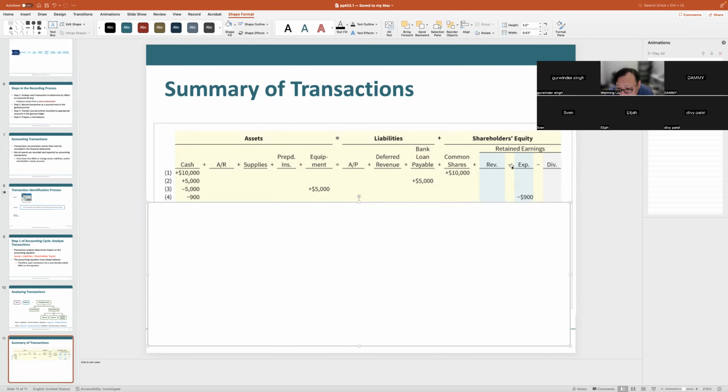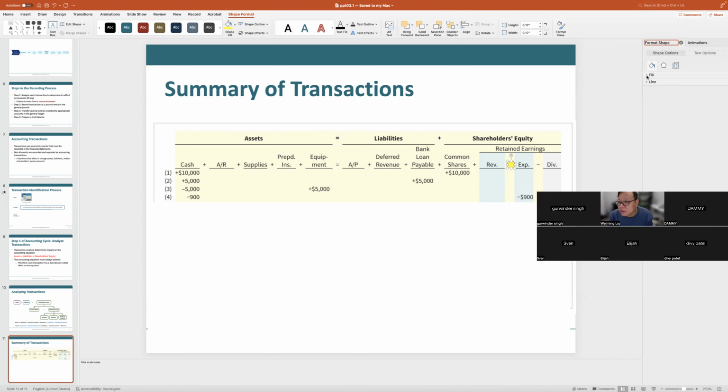I need to change the color, and then format panel. Sorry, it's on this side. Yeah, so fill transparency. Did you see here? I just used the yellow highlight here.